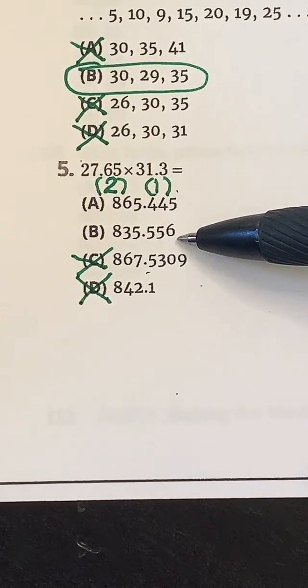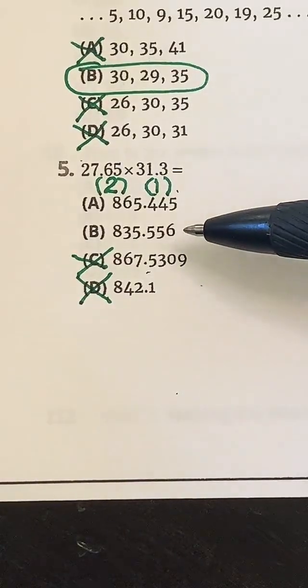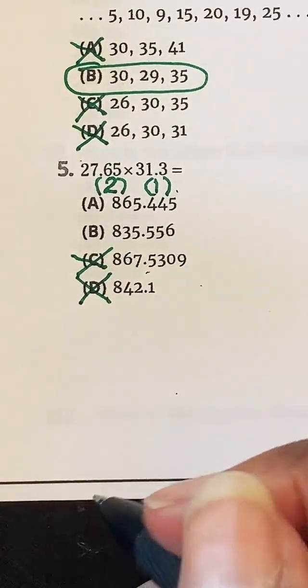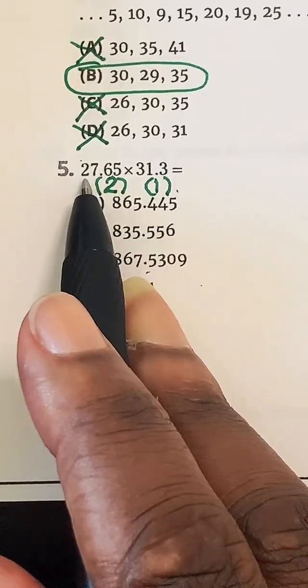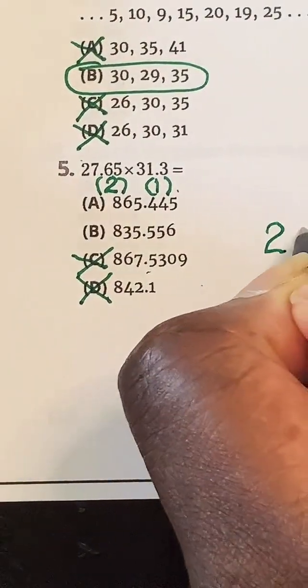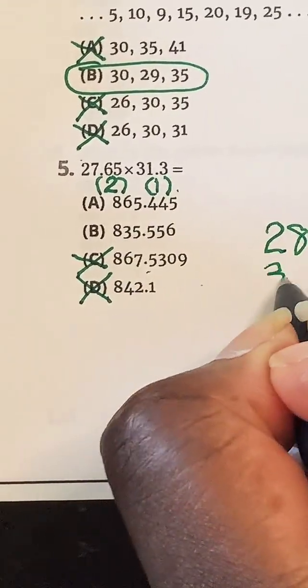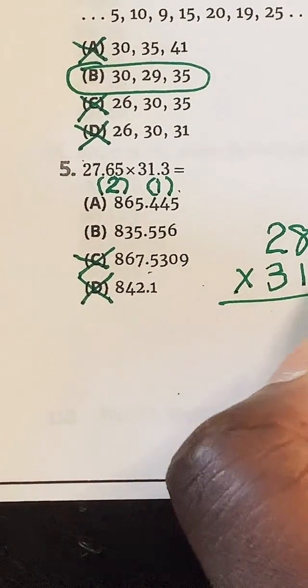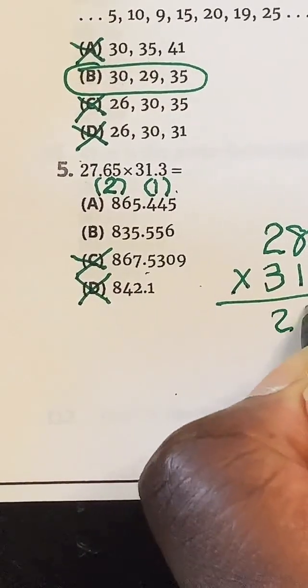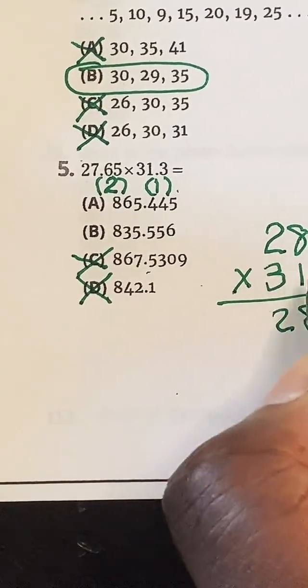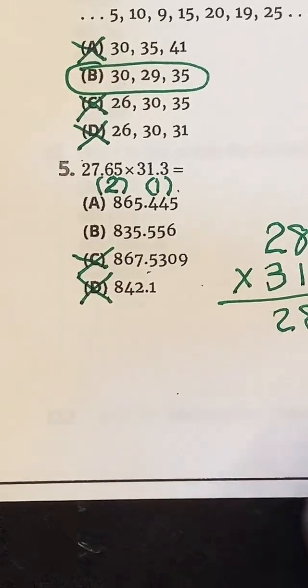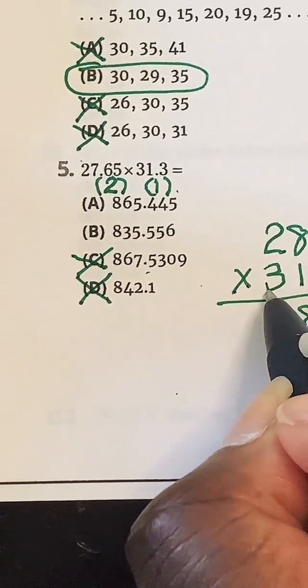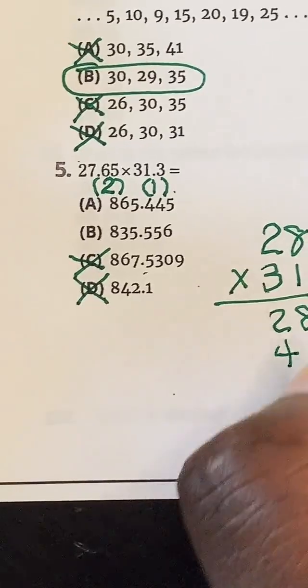So now we need to take a look at these two. Once we get it down through the process of elimination, let's try to estimate. If I round up, 28 will be representing this number, and 31 will be representing this number. Then 1 times 8, 1 times 2. To get my 3 times table, 3 times 8 is 24.